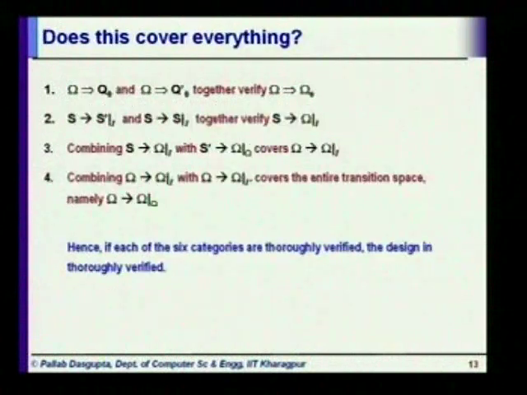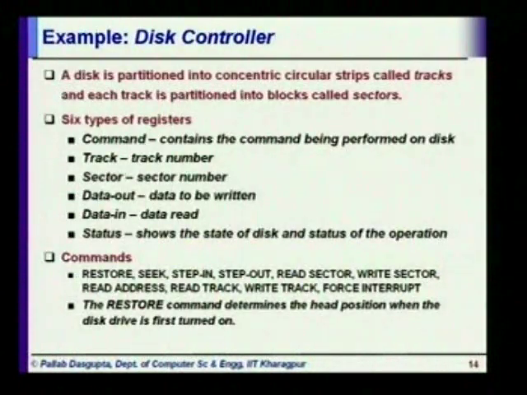So let us take an example of a disk controller to demonstrate the notion of developing these kinds of tests. As you might be aware, a disk is typically partitioned into concentric circular strips, which are called tracks, and each track is partitioned into blocks which are called sectors.